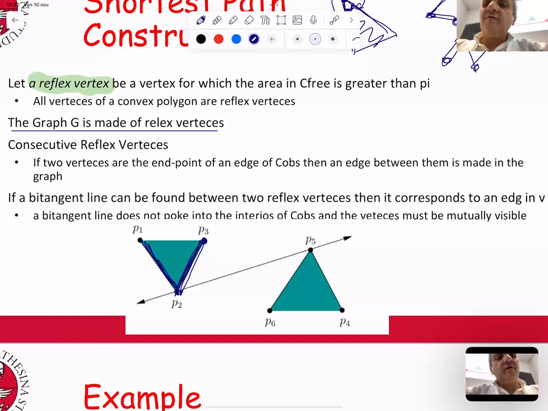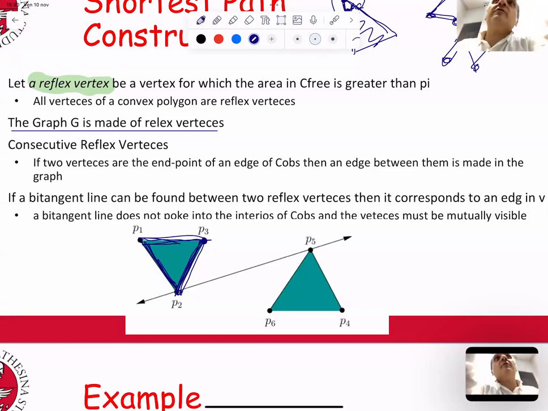This is an edge of the graph. This is an edge of the graph. So all the sides of the obstacles, if they are convex. If they are not convex, no. But if they are convex, all the sides of the obstacle are edges of the graph.